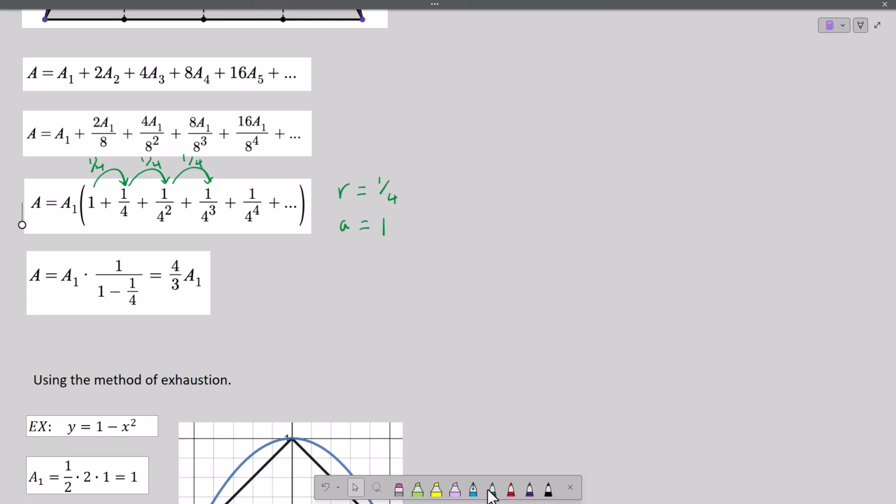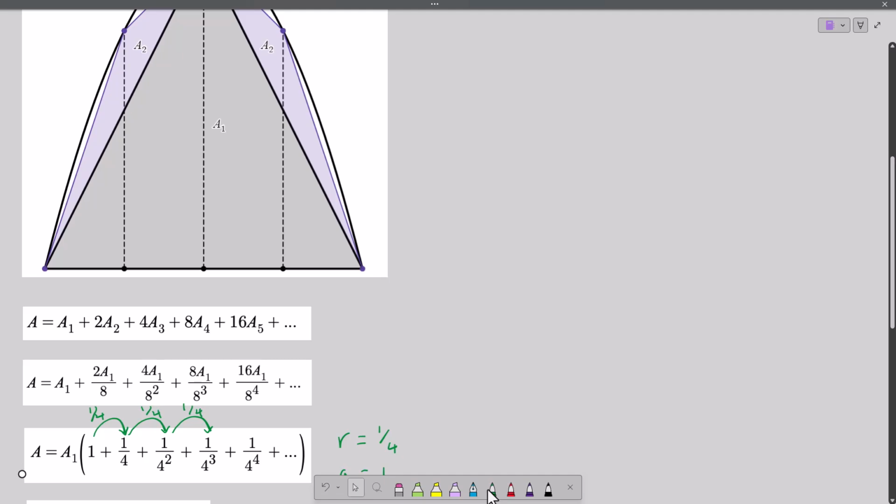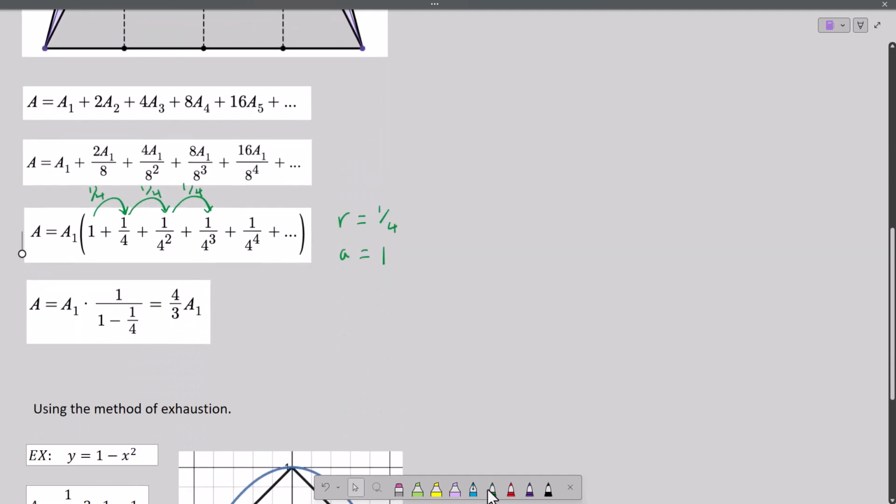We saw last week that if you have a geometric series, if you know the R value and you know the A value, you plug it into S equals A divided by 1 minus R, and we get 4/3 multiplied by whatever the starting area was of that isosceles triangle, depending on the parabola you chose.